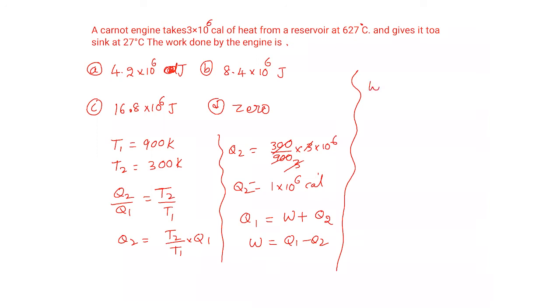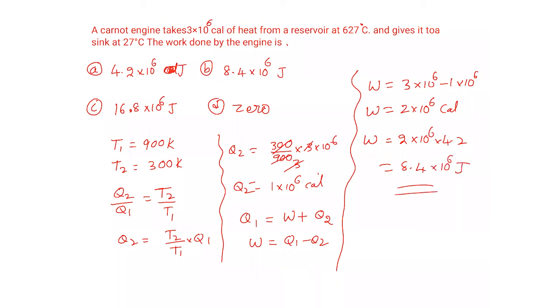So Q1 minus Q2 is 2 into 10 to the power of 6. But options are not given in calories. This is in calories. I have to convert that into joule. So 2 into 10 to the power of 6 into 4.2 joule is equal to 8.4 into 10 to the power of 6 joule. Option B. Okay, understood, children?